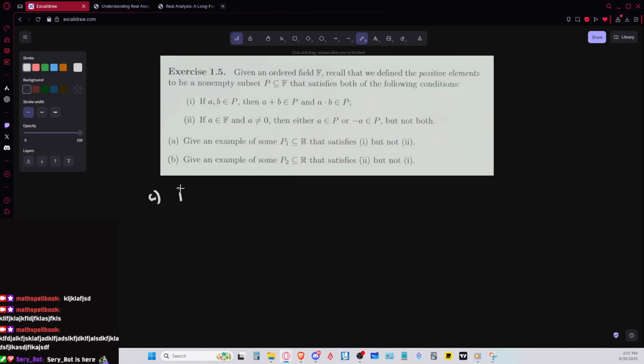So we have to remember for 1, if A and B are in P, then A plus B is in P, and A times B is in P. But we have to do it without triggering the second one.